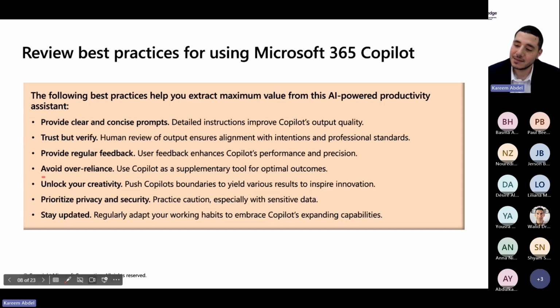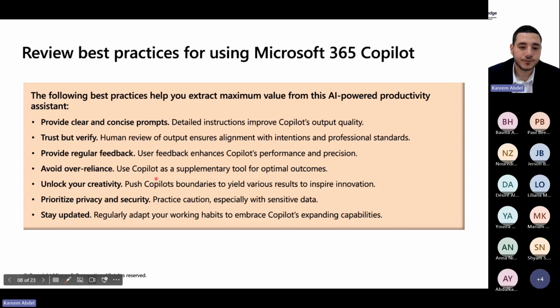Avoiding over-reliance is an important one. The technology is not here to replace; it is here to complement and enhance. For example, in the human resources example, someone working in recruitment shouldn't over-rely on Copilot in making all the recruitment decisions.